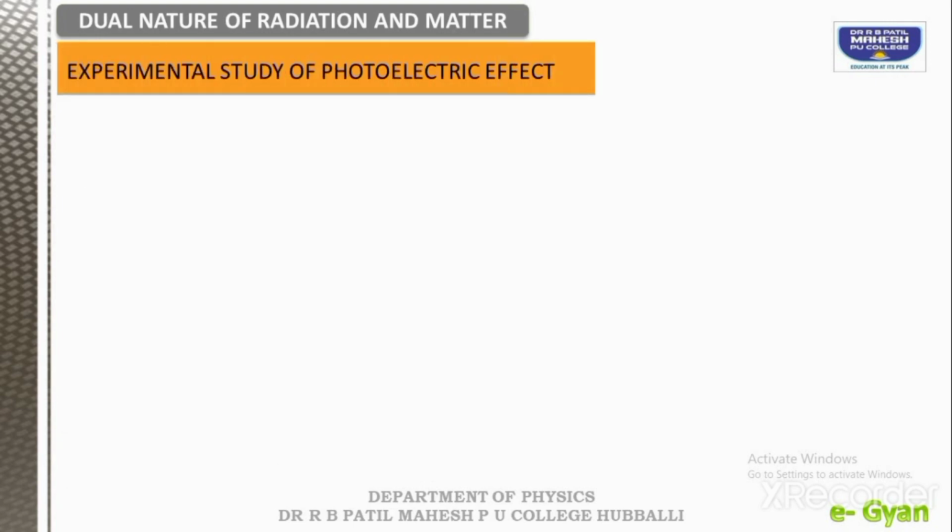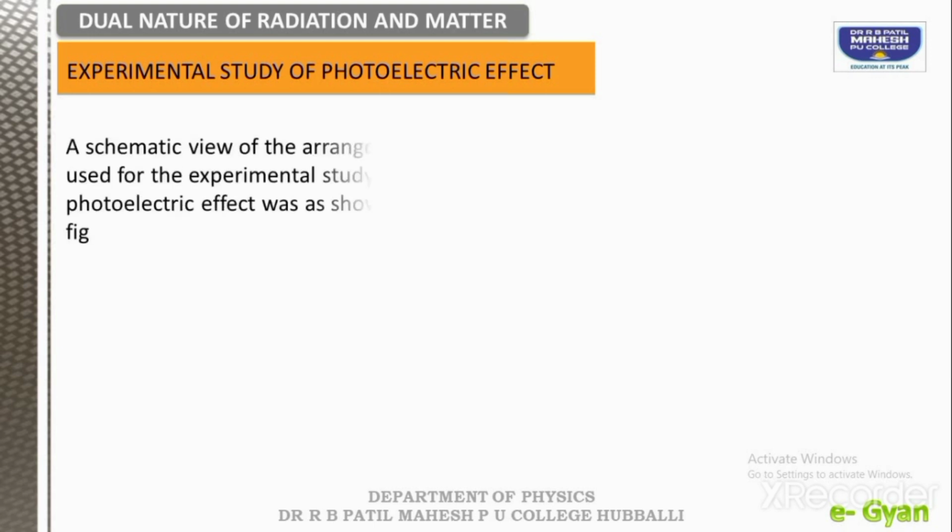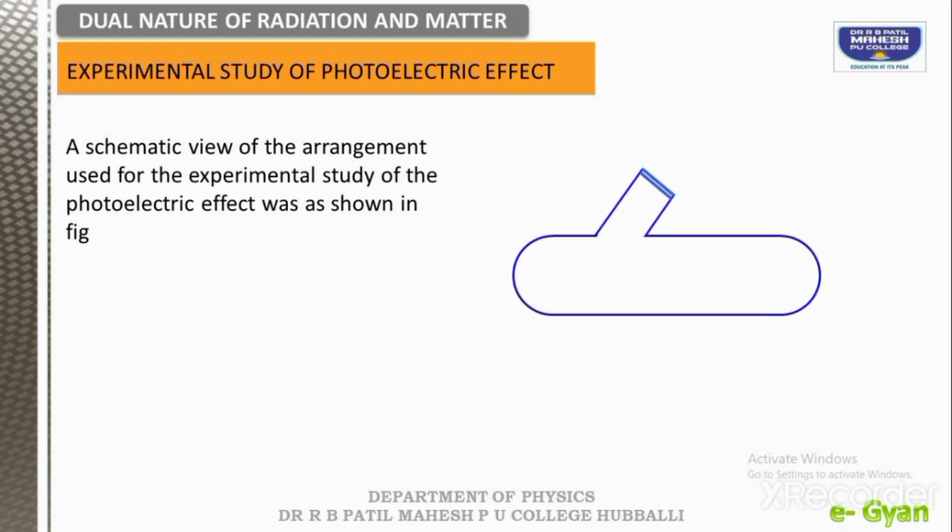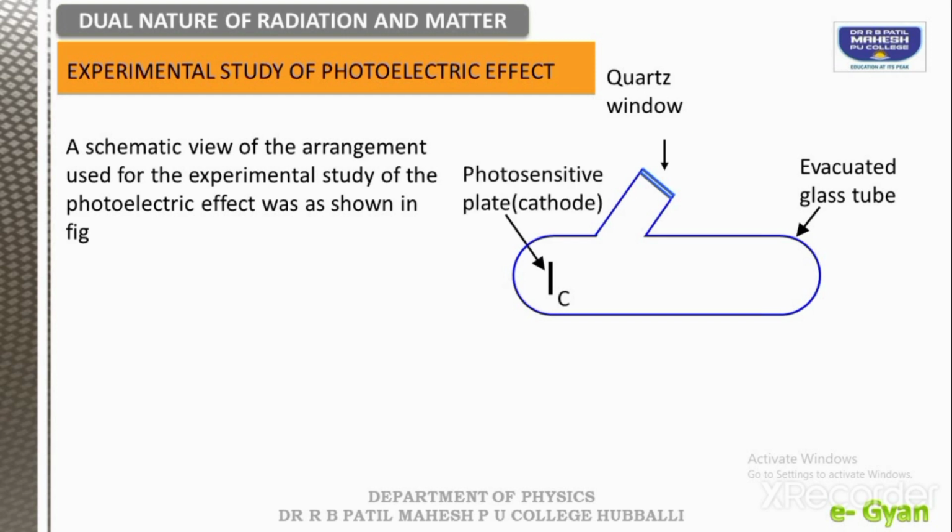Now we will go to the experimental study of the photoelectric effect. Before that, we will understand the arrangement of the experimental setup. This is an evacuated glass tube with a quartz window, sometimes represented with a W, and C represents the cathode. We can say this is a photosensitive plate.